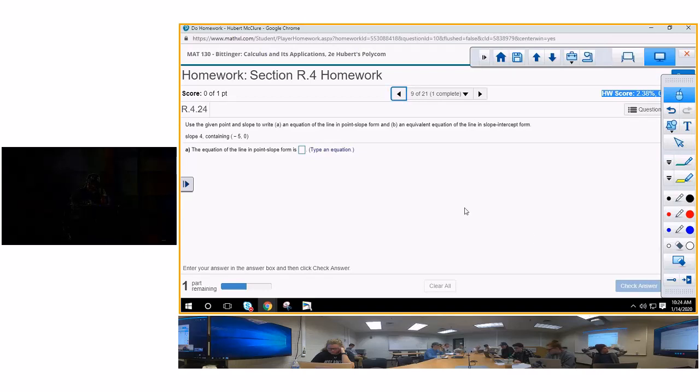Use a given point and slope to write an equation of the line in point-slope form and an equivalent equation of the line in slope-intercept form. The slope is 4, and it's going through the point -5, 0. Oh, this is easy. This one's easy. Jake, you should be able to do this one.